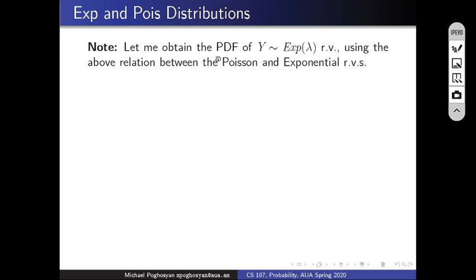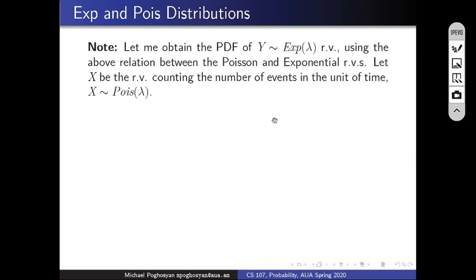Now what I want to do is obtain the PDF of the exponential lambda random variable y using the connection between Poisson and exponential. So I have the Poisson PMF. Having that Poisson distribution and the connection between Poisson and exponential, I want to have the PDF of y.